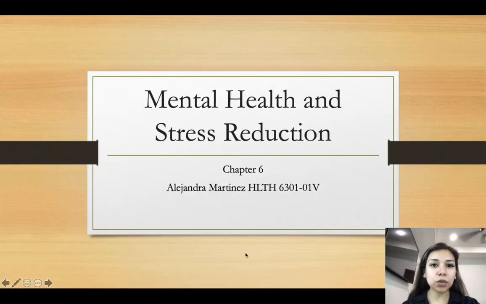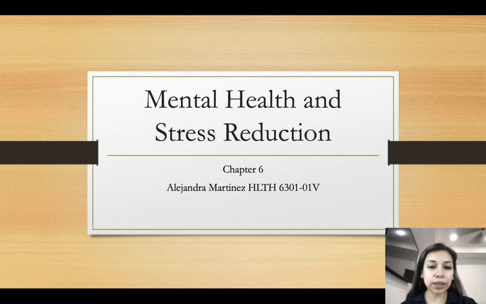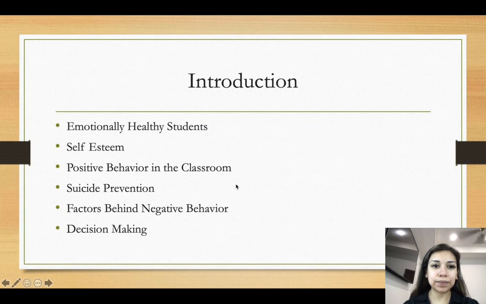The topic that I chose was mental health and stress reduction from chapter 6. The main topics here and why it is important is because students need to be emotionally healthy in order to concentrate, in order to learn. That way they could be successful in the classroom.